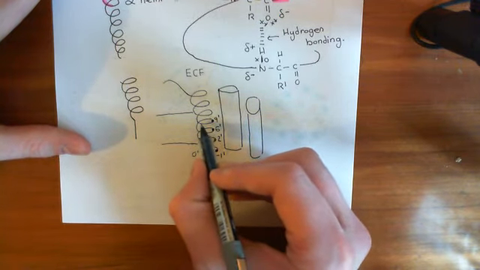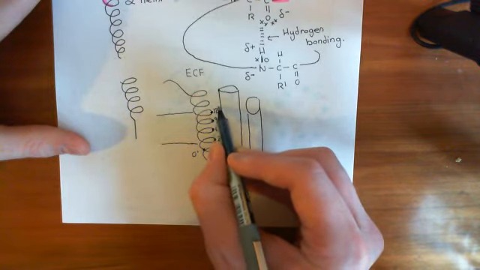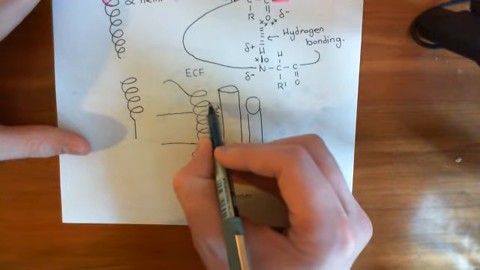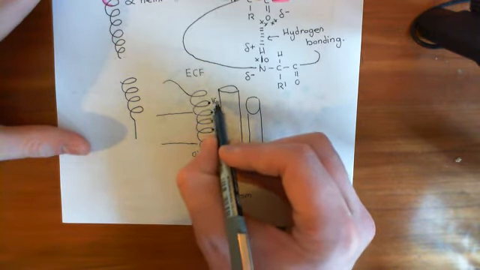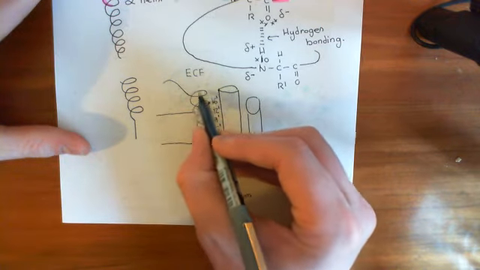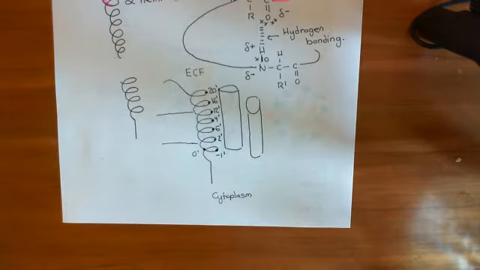Okay, you'll continue counting. 10, 11, 12 is the next one that faces into the pore, so you have 12 prime. 13, 14, 15, 16 is the next one that faces into the pore, so up here is 16 prime. 17, 18, 19, 20, 20 is the one that next faces into the pore. So that's how we label up these amino acids.